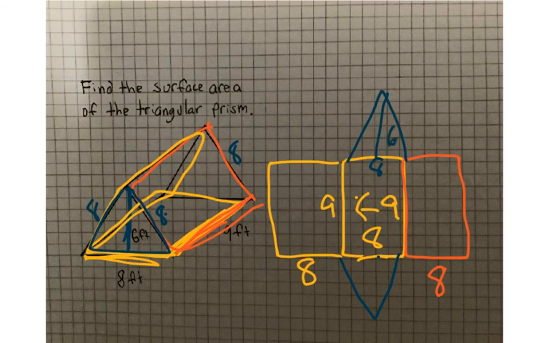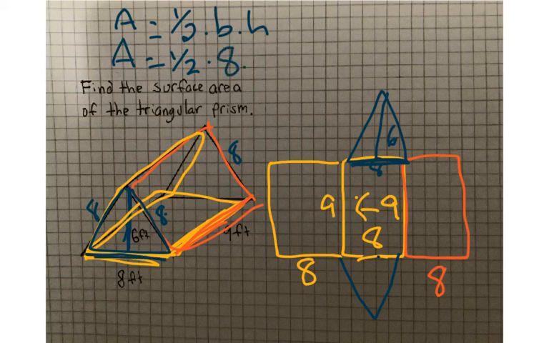So first, we don't have a lot of room here, but our triangles are 1/2 times the base times the height. Well, the base would be this piece here, running here, is 8, and the height would be 6.